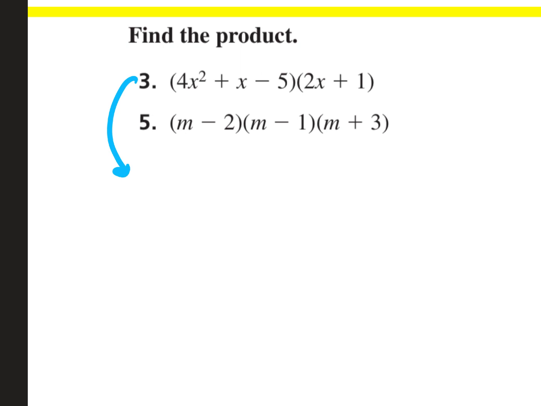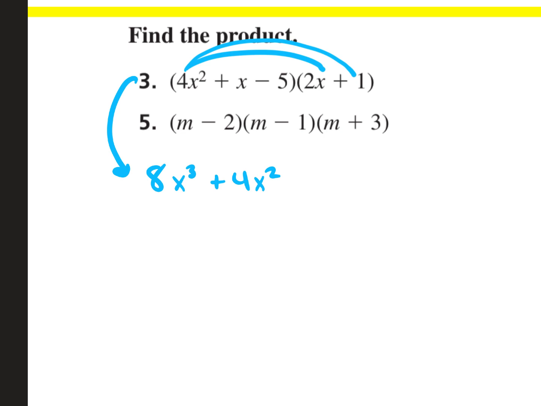So where do I start? I FOIL. So I start with the first term. What does 4x squared get multiplied to? The 2x. What's 4x squared times 2x? 8x cubed. What do I multiply next? 4x squared times 1, which would be 4x squared.